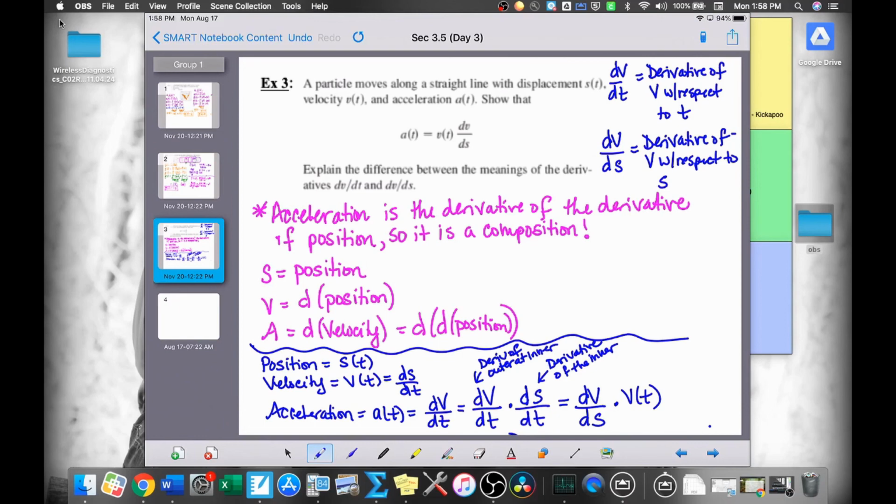Because remember, v of t is actually the derivative of position with respect to time. That's what velocity is. So we just showed what they asked us to show, that a of t is equal to v of t times dv/ds. Derivative of velocity with respect to position.